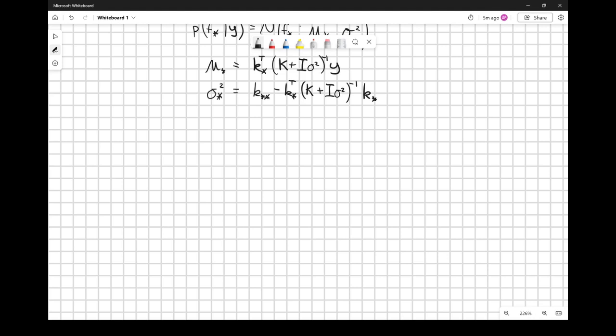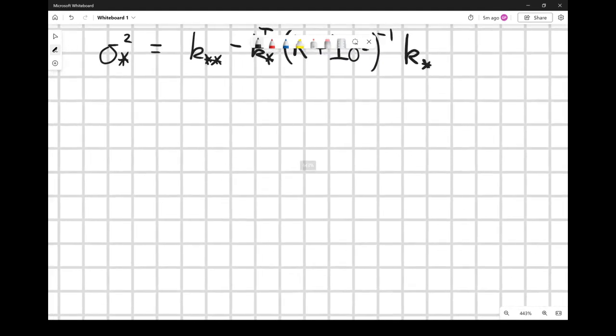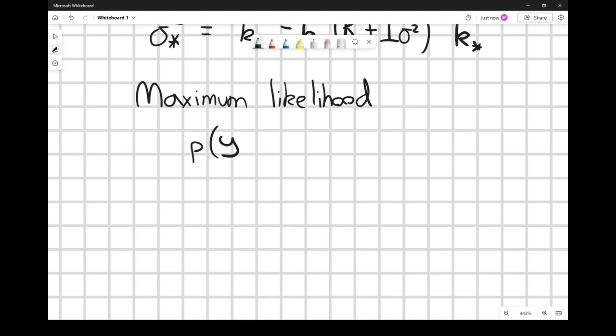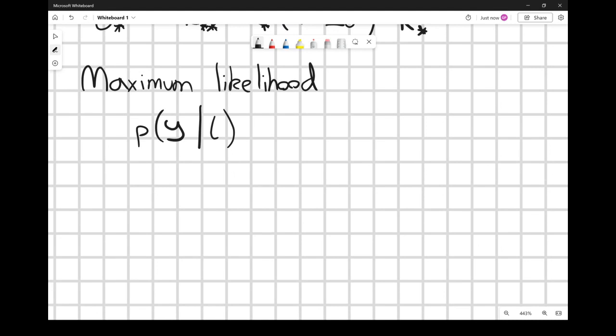So the most common approach for choosing, in this example, the length scale is maximum likelihood, where what we try to do is find the length scale that maximizes the probability of witnessing our observations y. So now I'm going to write this conditional on, in this particular case, L, our length scale. So we want to find the length scale that maximizes the probability that we would have witnessed the data y.